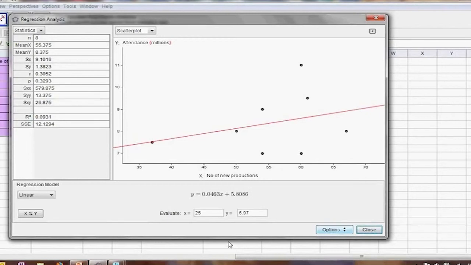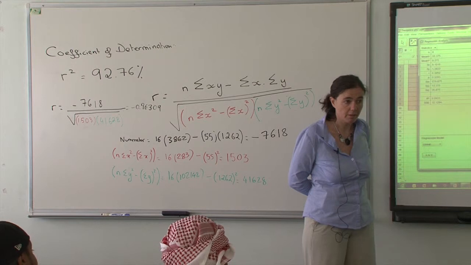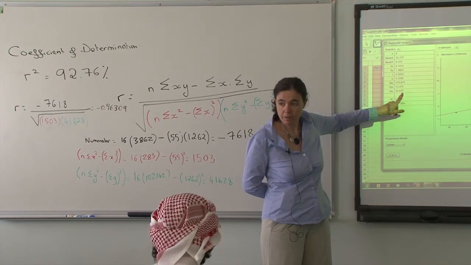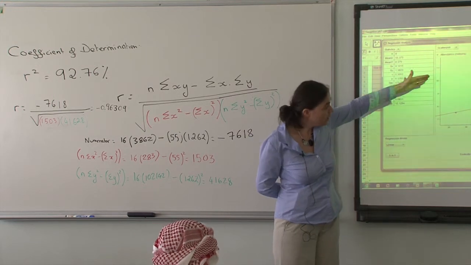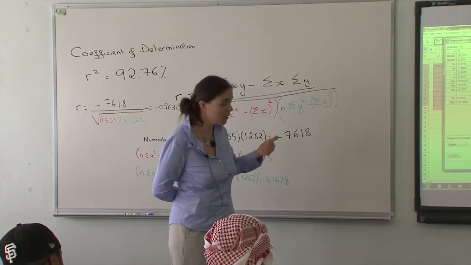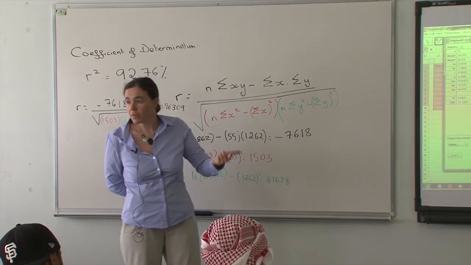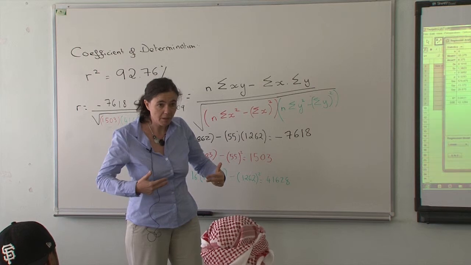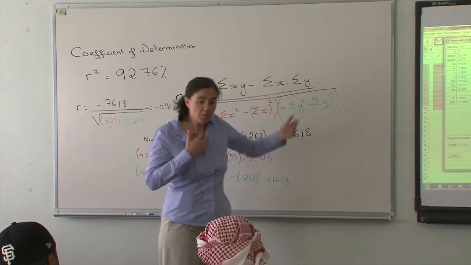That's why when we decide to find the equation of the line, we do it only if R is significant. Here, R is not significant. If you have a question like this, and they say you need to find R, and if R is significant, you complete and give me the equation of the line, would you complete here?